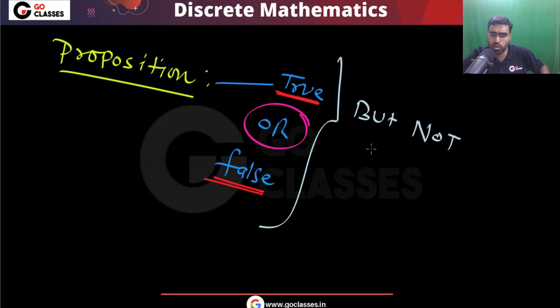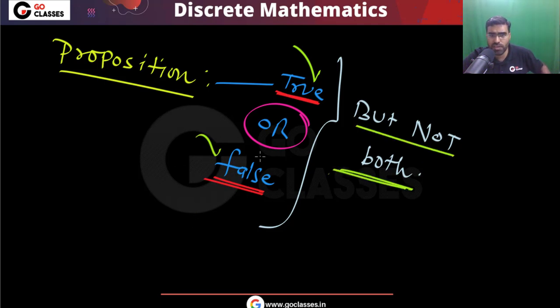Remember, if you fix a situation, then in that situation either this will be true or this will be false, but it cannot be both. If it is true, then it cannot be false. If it is false, then it cannot be true.